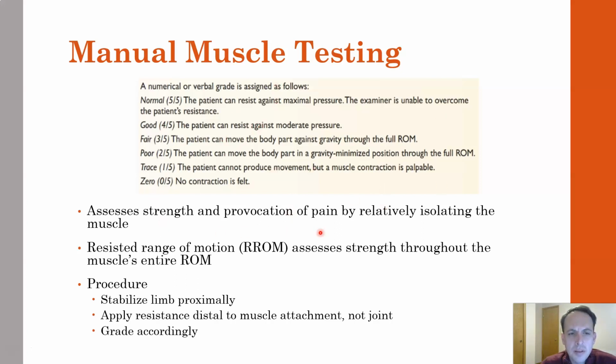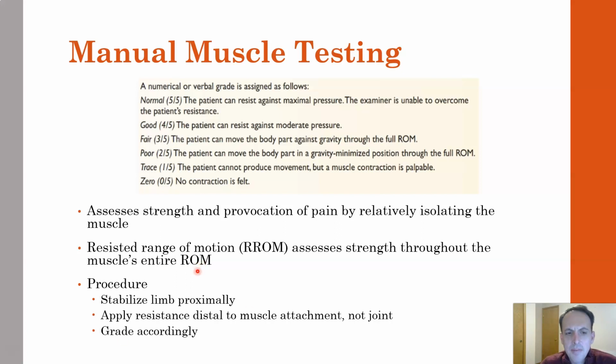Manual muscle testing and resisted range of motion can sometimes be used interchangeably. But you need to think of resisted range of motion as more strength testing in the cardinal plane, whereas manual muscle testing is going to be specifically described according to the muscle involved.